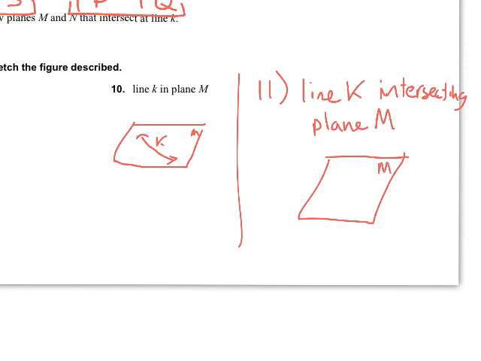What is going to be my difference to show that line K is intersecting rather than lying in plane M? Line K would go out of the plane. So what do I show on my picture that will make it look like that? The dots, right? On number 10, we just had a solid line that shows that it's lying in plane M. But if I'm intersecting, I'm going to have the dotted piece, right?